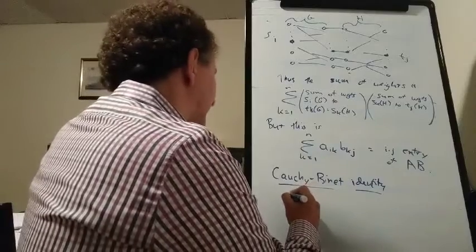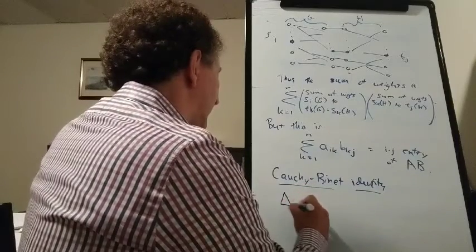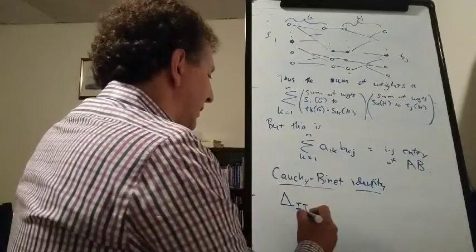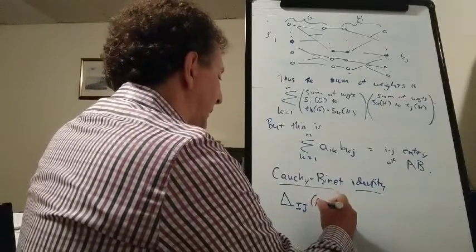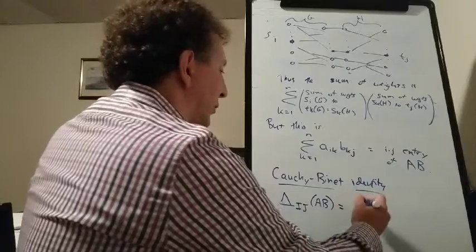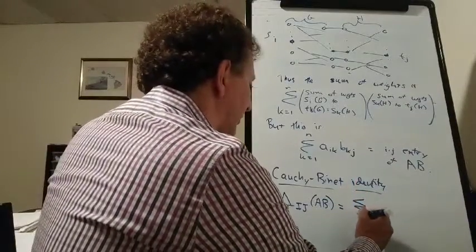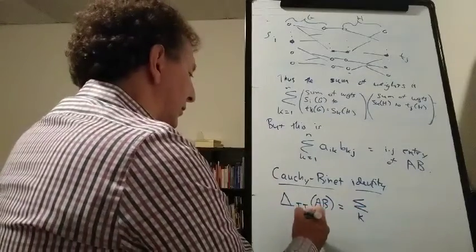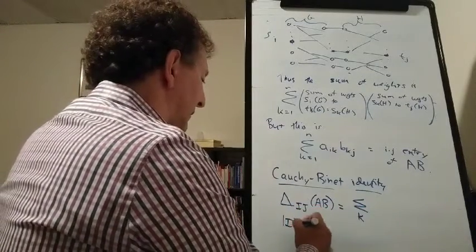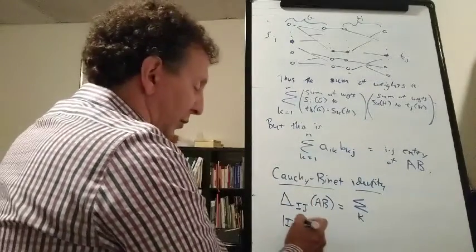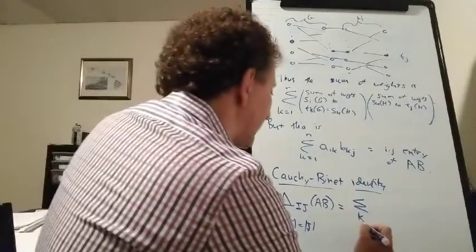It says that, I'll write this in delta notation, the IJ minor of AB equals a sum over all subsets K. Now, of course, I and J have to be the same size, or we wouldn't have a square matrix to take the determinant of.